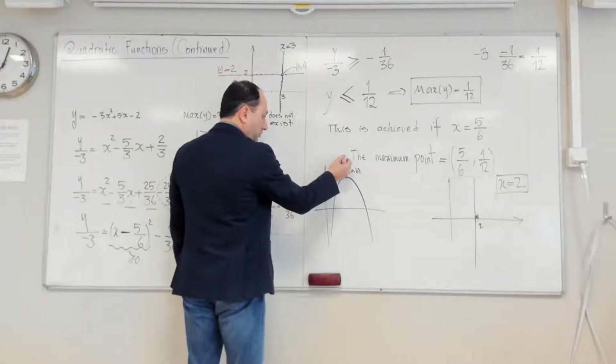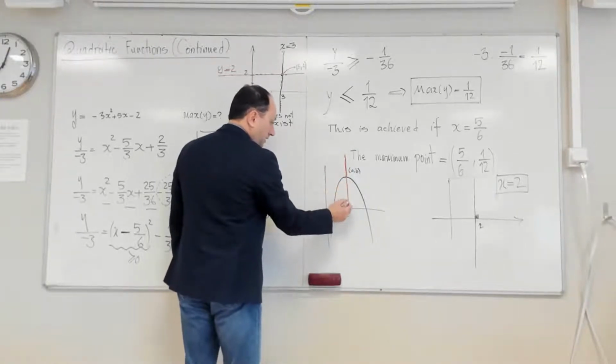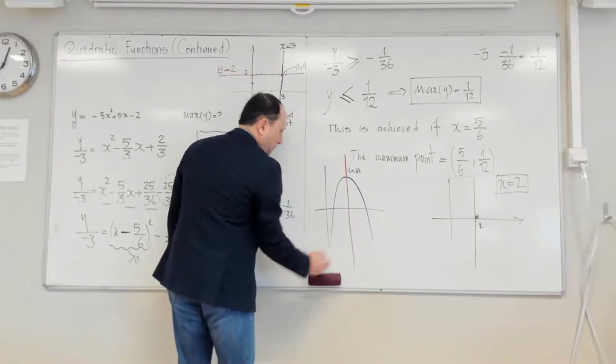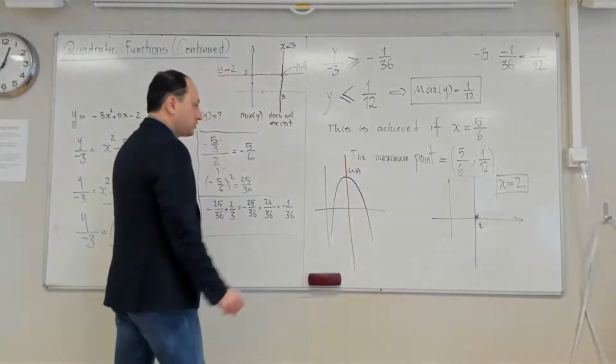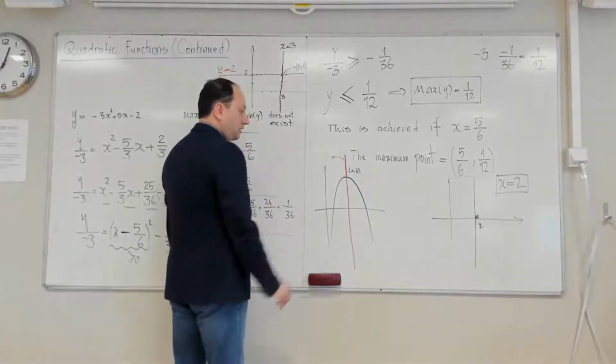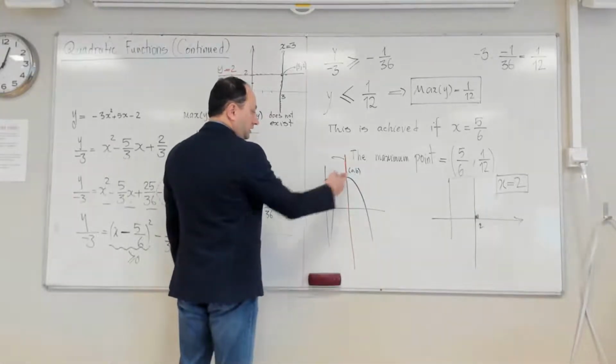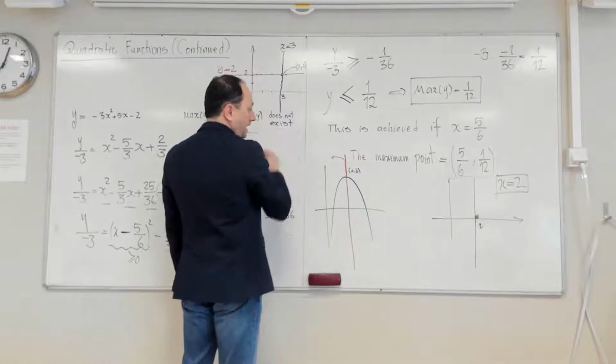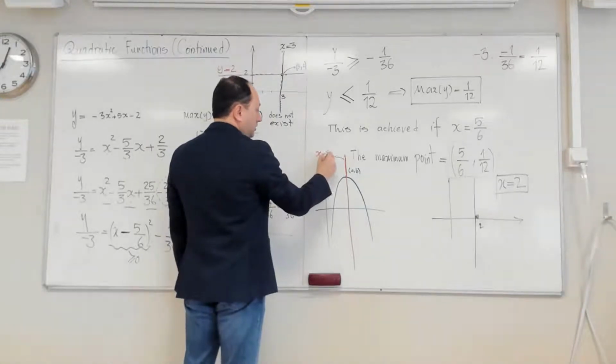What is the line of symmetry? It is this line, which passes through the turning point perpendicular to the x-axis. By the same analogy, x is equal to A.